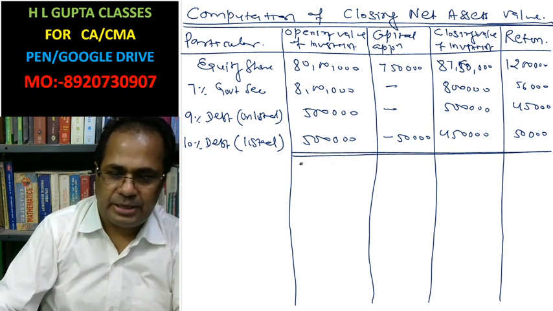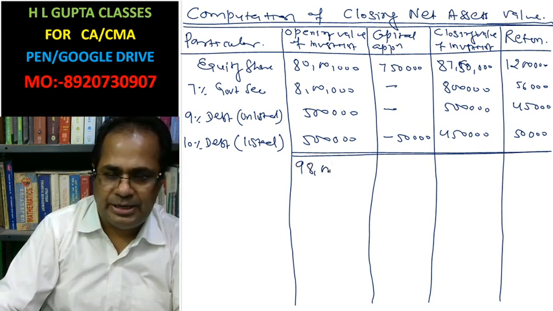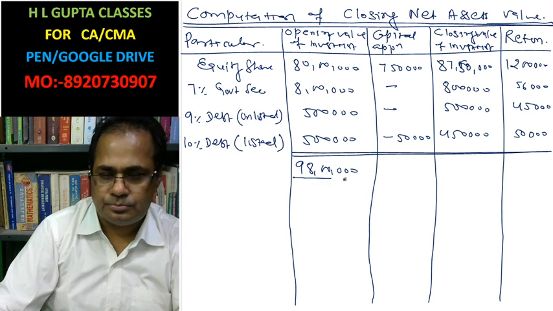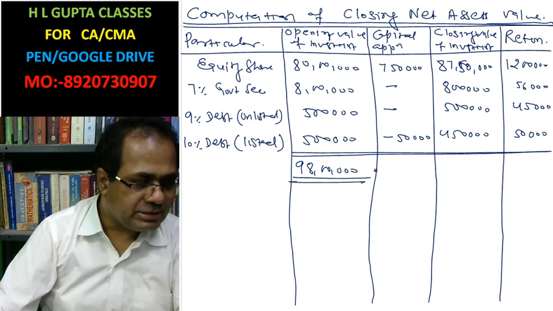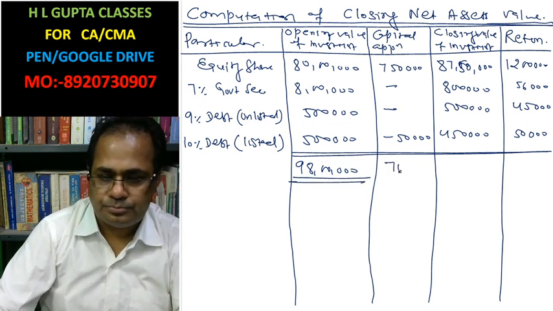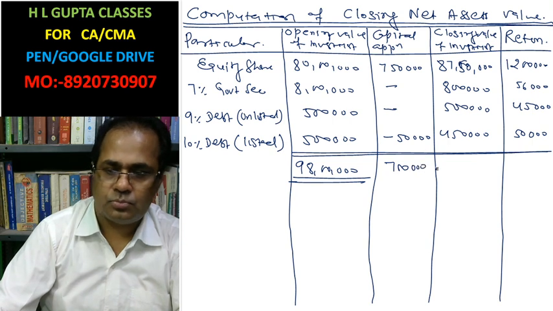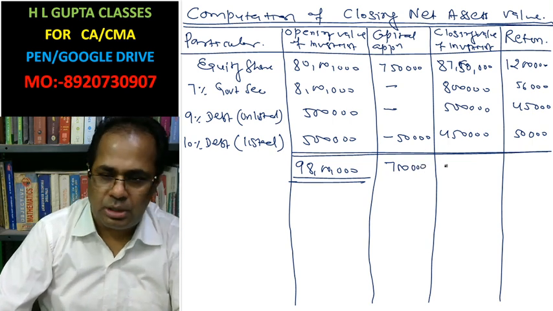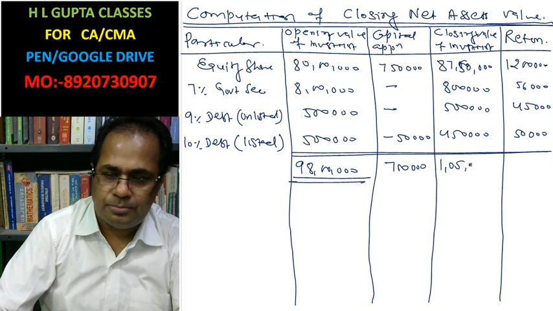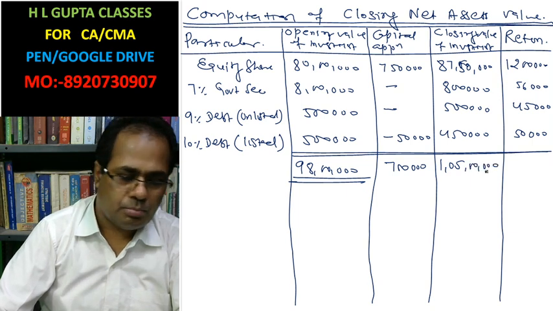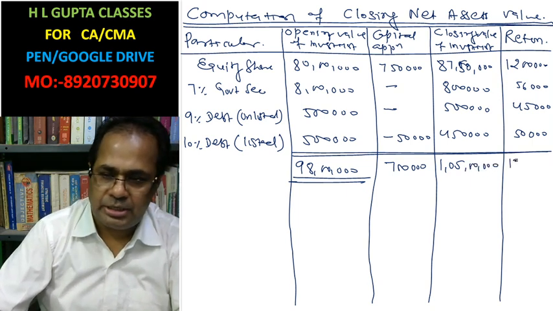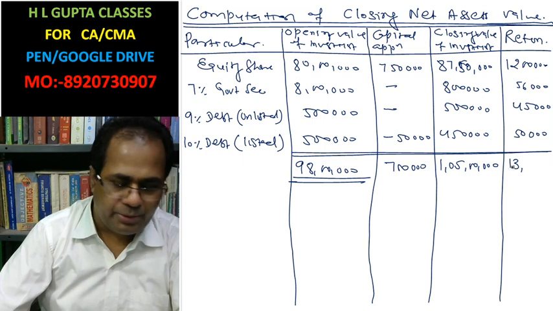In this case, the investment was 98 lakh. Capital appreciation net is 7 lakh, and closing value is 1 crore 5 lakh. Total return is 13 lakh 51,000.